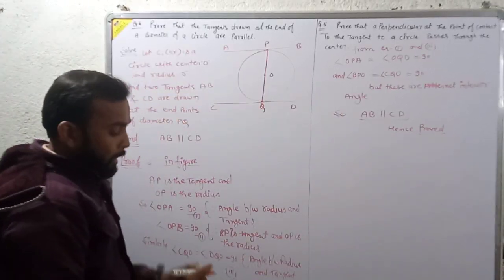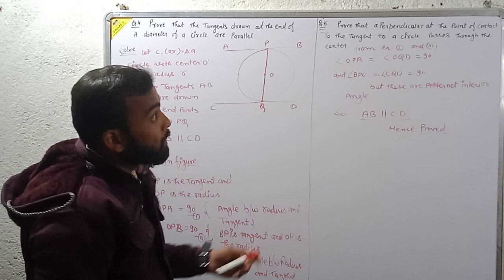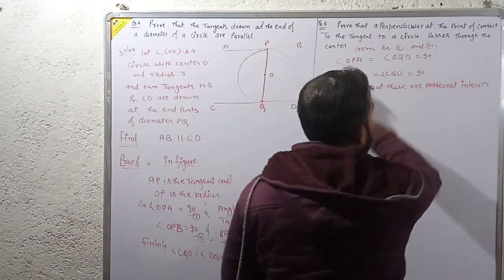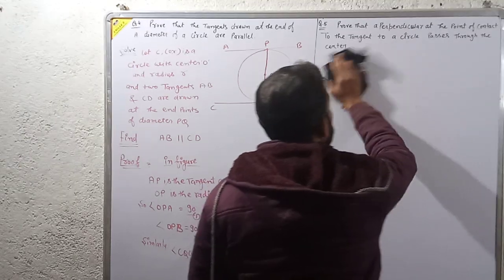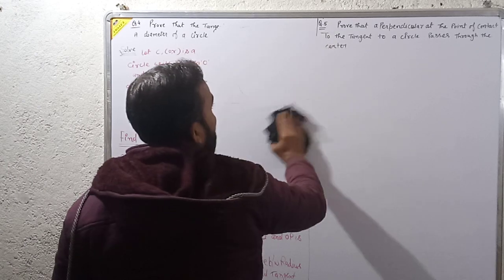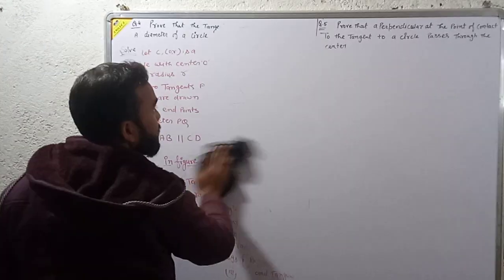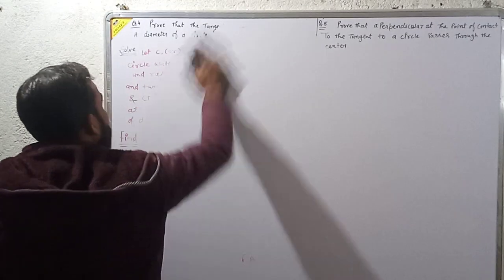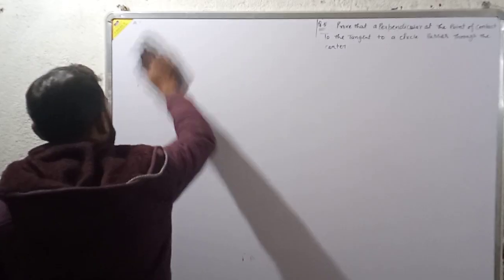Clear? Now we will solve question number 5. The question is: prove that the perpendicular at the point of contact to a tangent to a circle passes through the center of the circle. Clear?